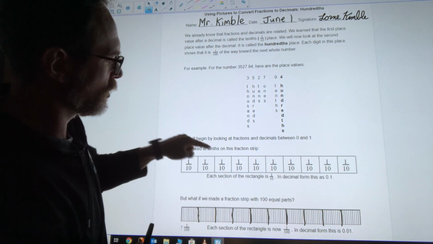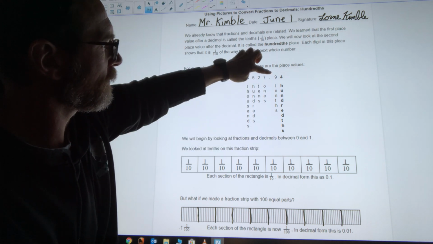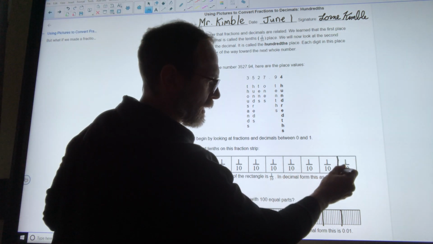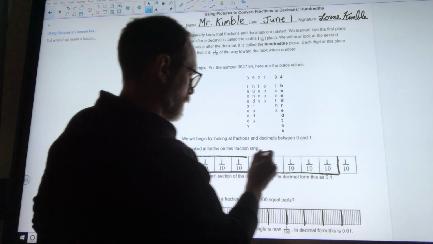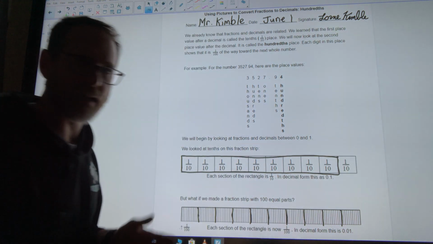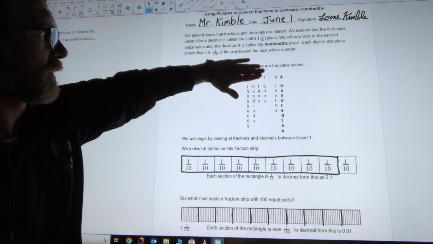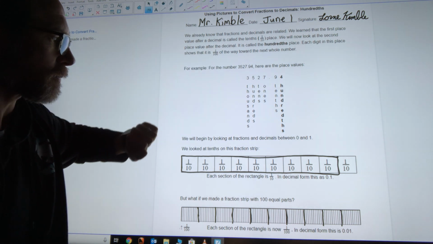Towards 1, 2/10 of the way, 3/10 of the way, 4/10 of the way, 5/10 of the way. If this was 9/10, we would be doing all of this right here. That would be 9/10, just like in this number here. We're just leaving out the whole number that's above.